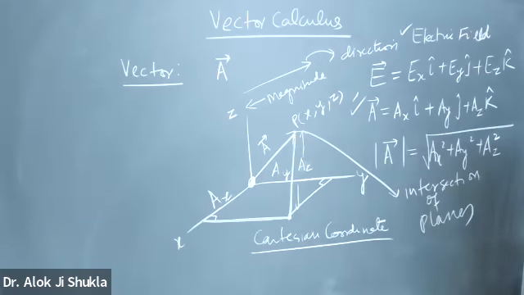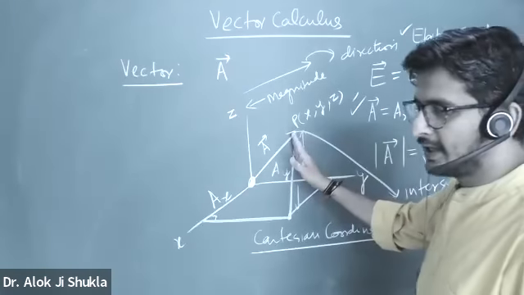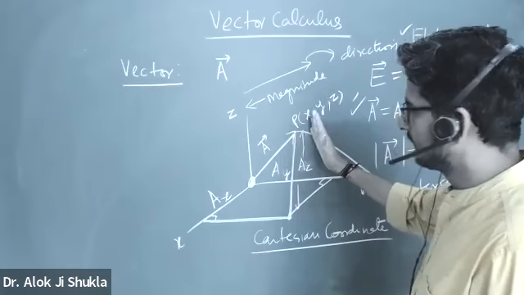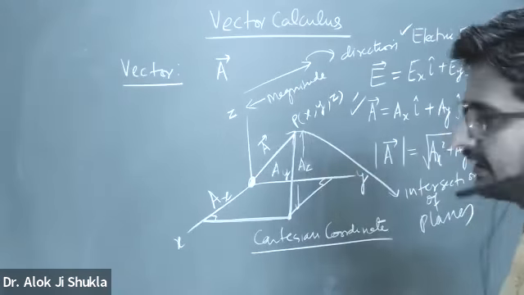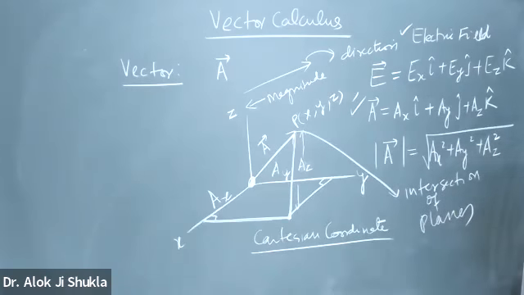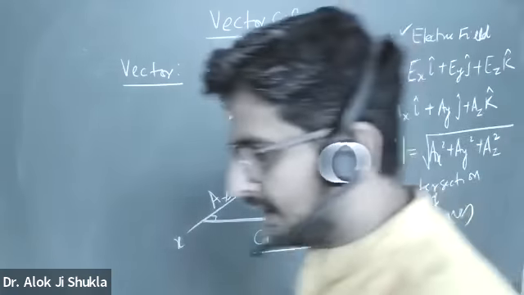So origin is the intersection of these three planes. Then the point shifts: x is equal to some x, y is equal to some y, and z is equal to some z. Where the perpendicular planes of these three meet, that is the point. Is that okay? Is this understood?